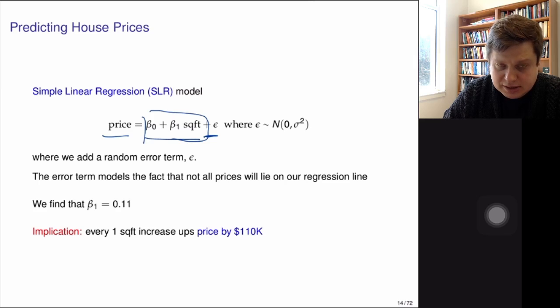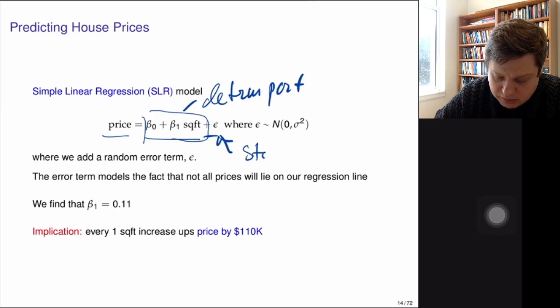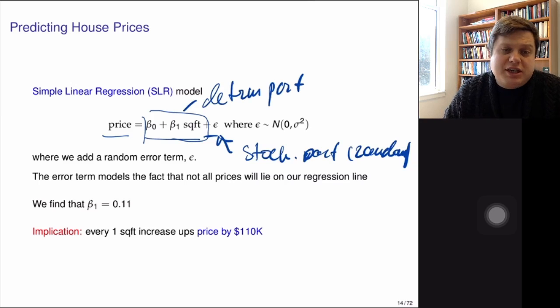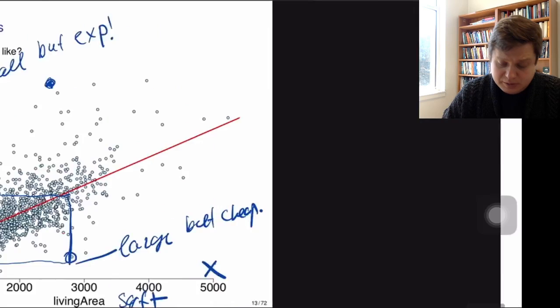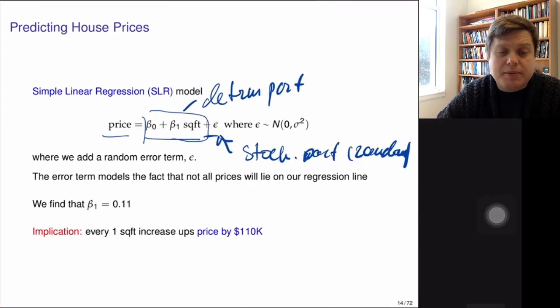So this is called the deterministic part, and this is the stochastic part of the model, or random part. Random means we don't have any explanation for why the prices actually deviate from those points on the line. We just say, okay, this is some error that we're going to add to the model, which is a random component.